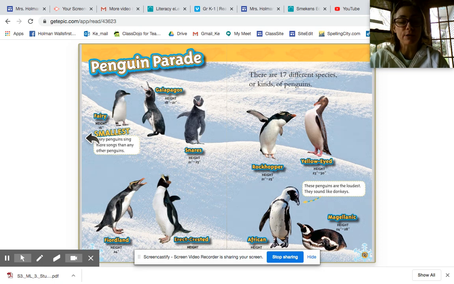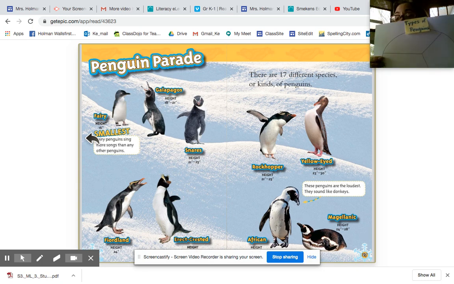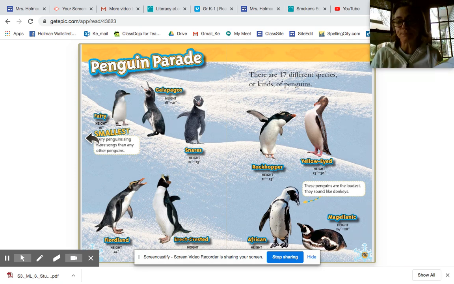Maybe you can find one on Epic that Mrs. Holman sent information about yesterday. Maybe you have some nonfiction books at home. And you can draw an oval that looks like this to help you retell, or I even put these on the web page so that you can print them off if you have a printer.